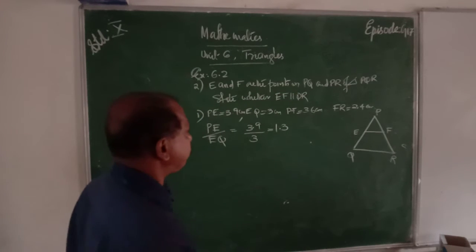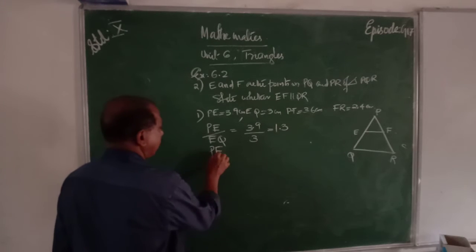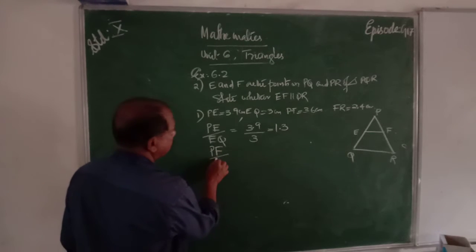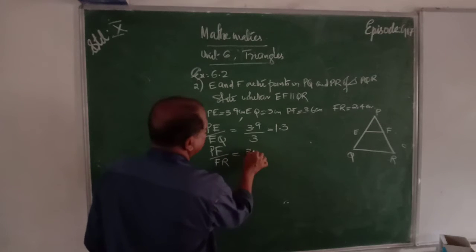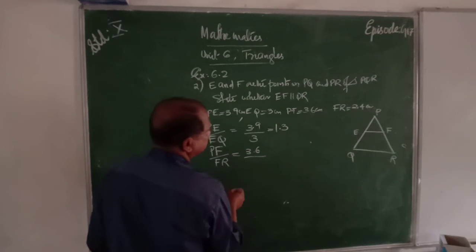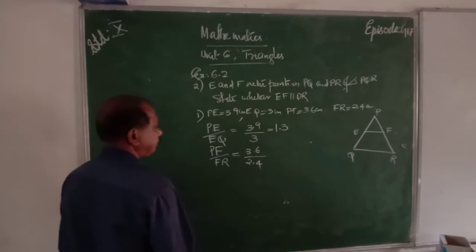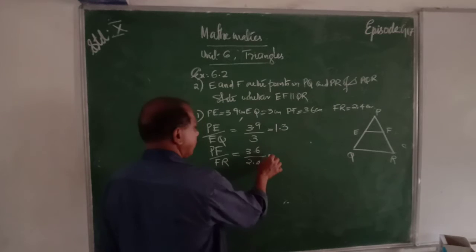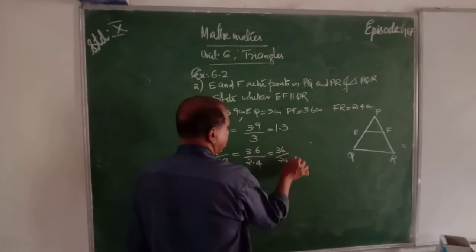Then PF by FR is equal to 3.6 by 2.4, that is 36 by 24.